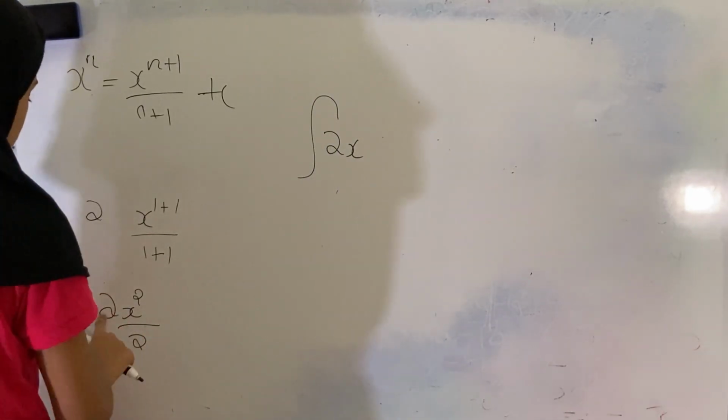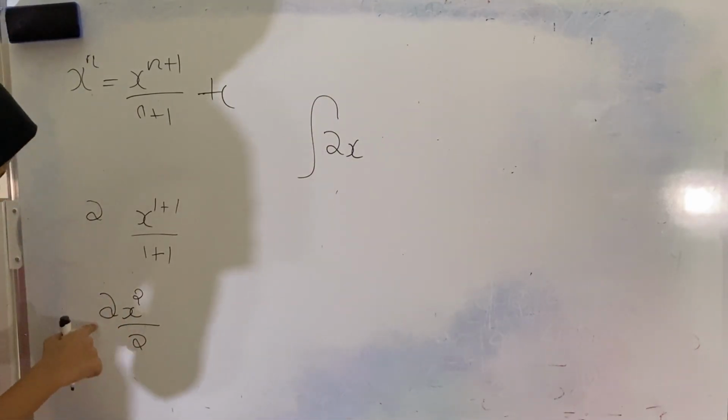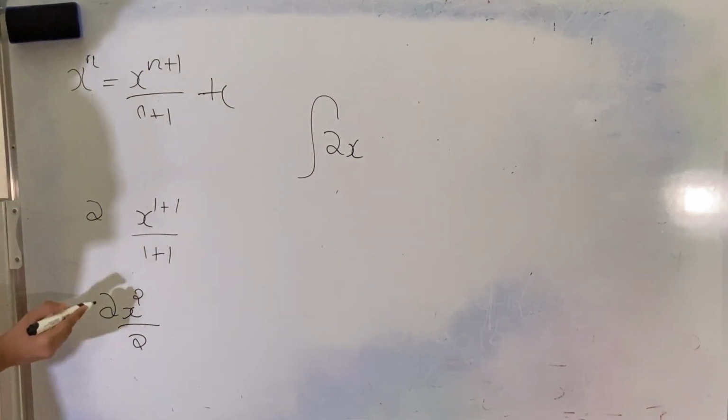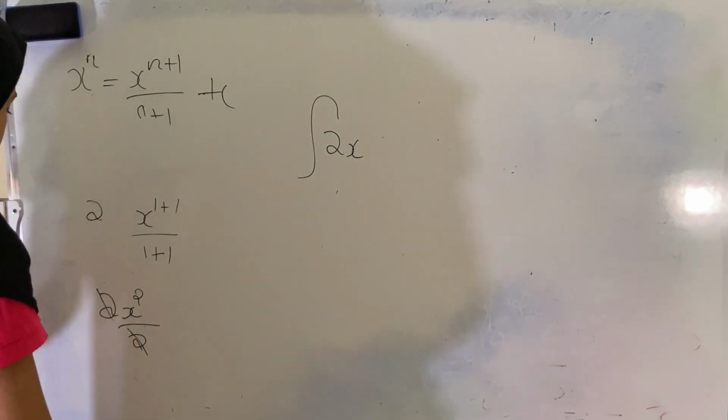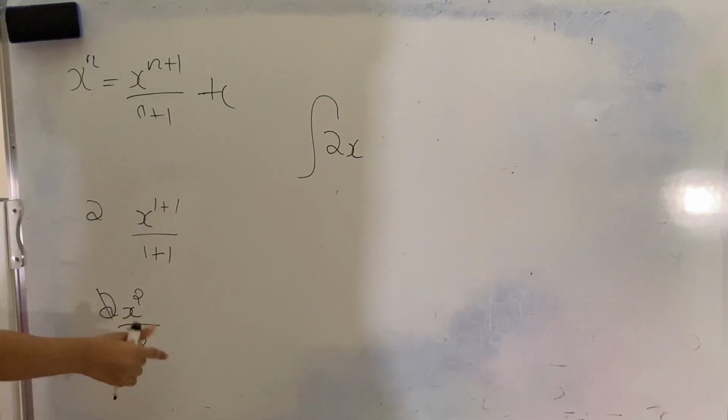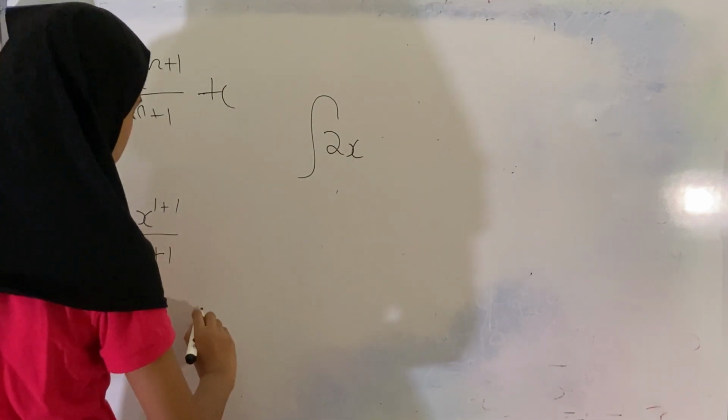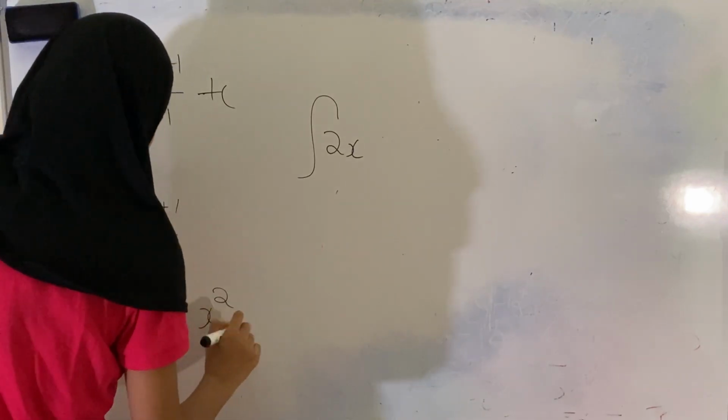There are two 2's here, so maybe you can just cross both of them, and we will get x square.